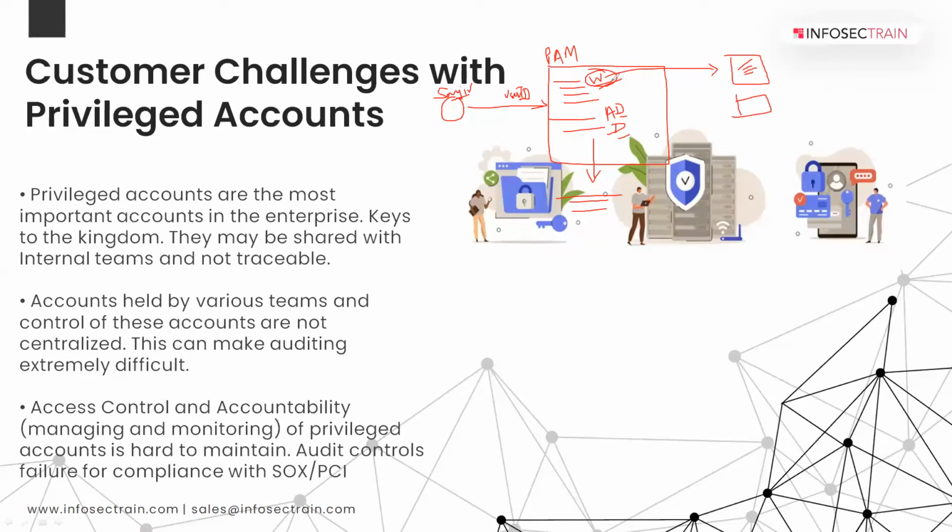Every activity has to go through PAM, and the PAM console, privileged access management console, will generate a log saying that this user has used this account at this time to log into this system and perform this kind of task. Becomes a whole lot easier for the auditors.